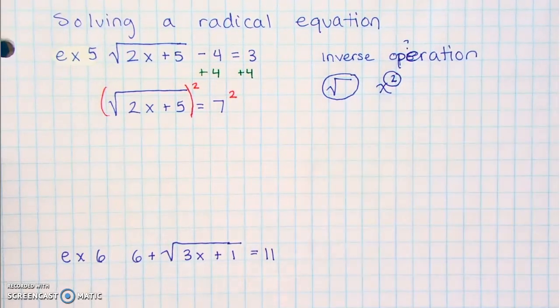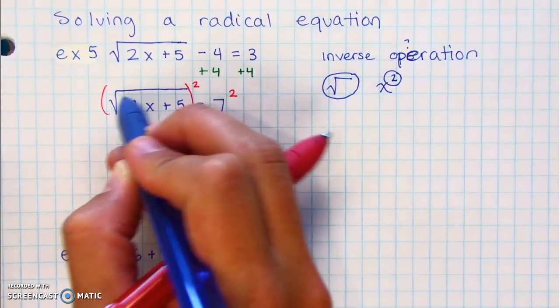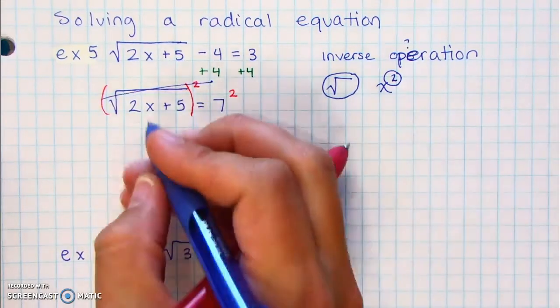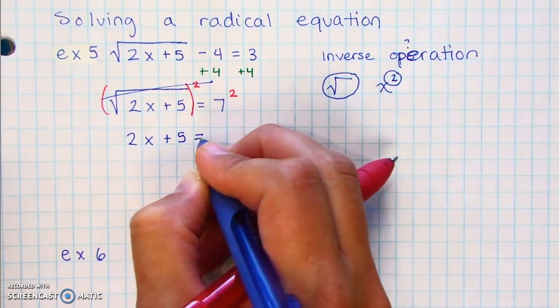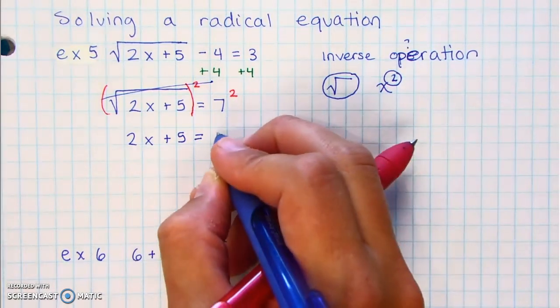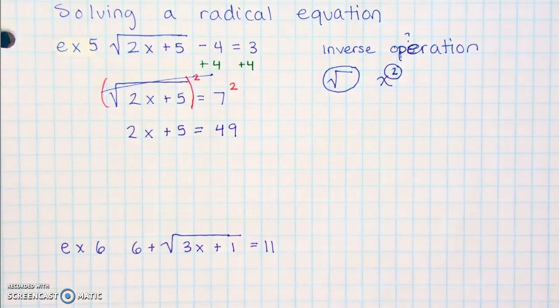Calculus ninjas, ready? Square root and square, you go, hi-ya. They cancel each other out, and we get 2x plus 5 equals, what's 7 squared? 49. Yep. Now you just solve for x, which we know how to do.